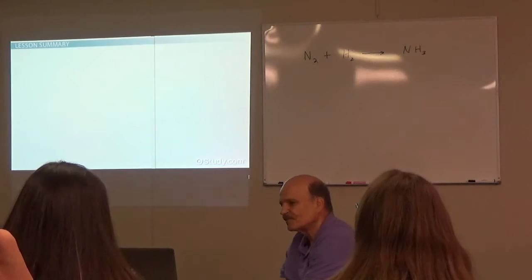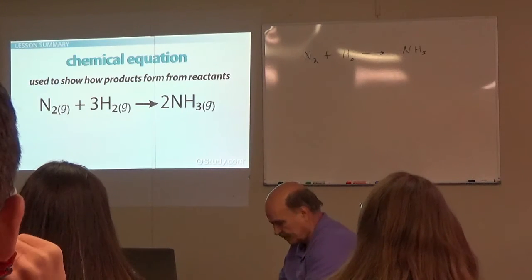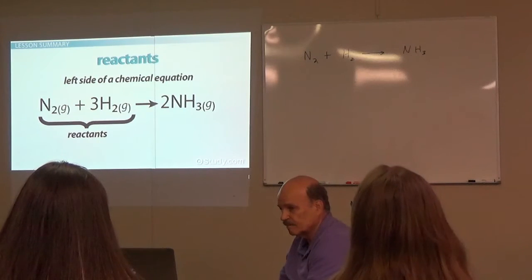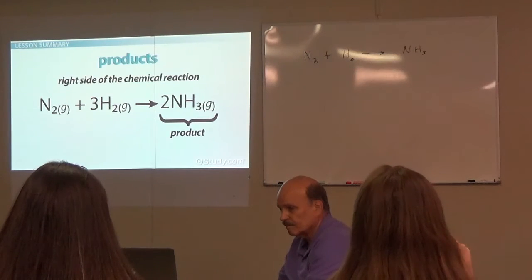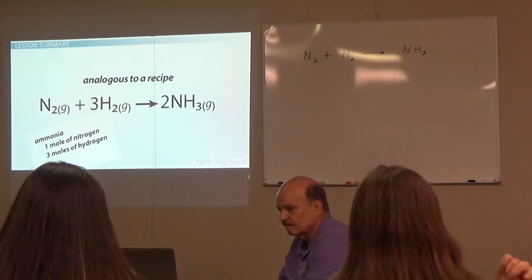Summary. We learned that a chemical equation is used to show how products form from reactants. You learned that the reactants are always on the left side of a chemical equation, and that the products are always on the right side, and that a chemical equation is analogous to a recipe.